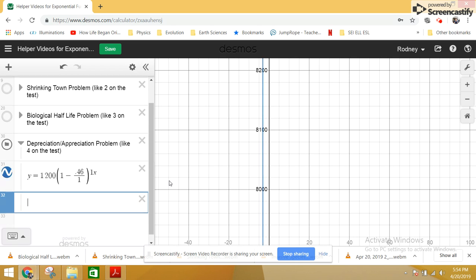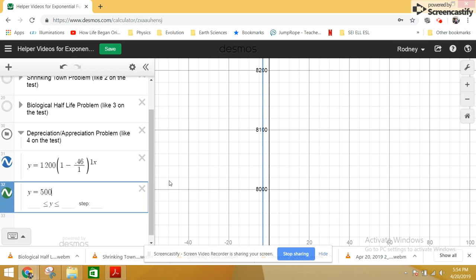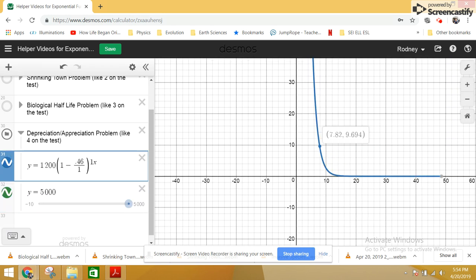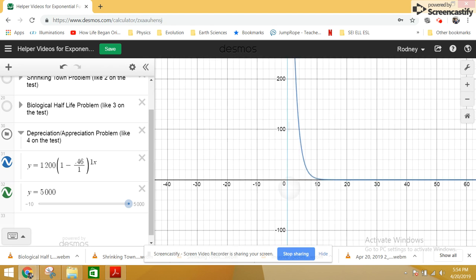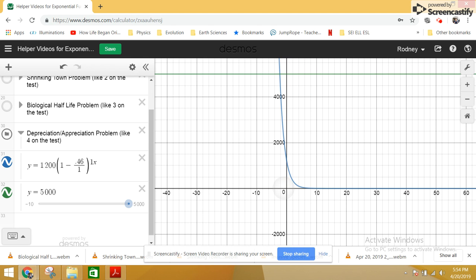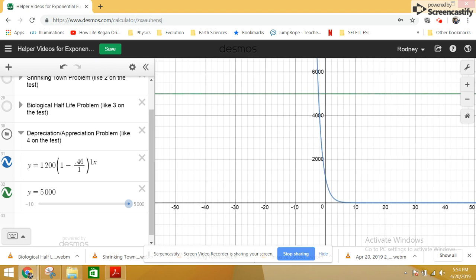Okay, and then we will say y equals 5,000, and I'm going to change how my whole scale is and zoom out again. I could go to the little wrench and do it that way, but I'm going to do it this way because it'll be quicker for the video. And here is when the function equals 5,000. We click on that intersection point, and that is 2.316 years ago.